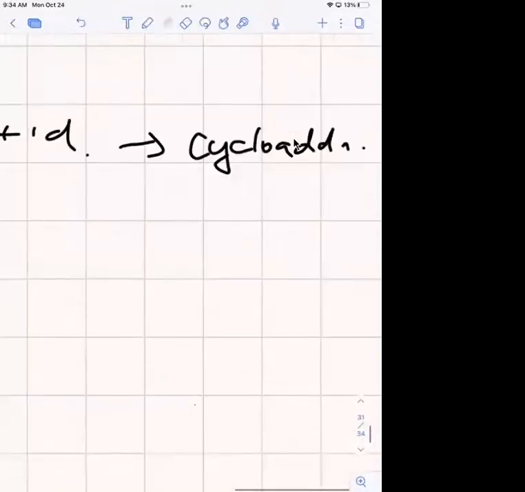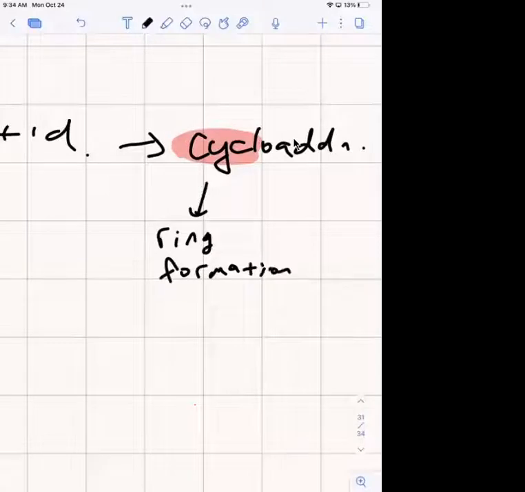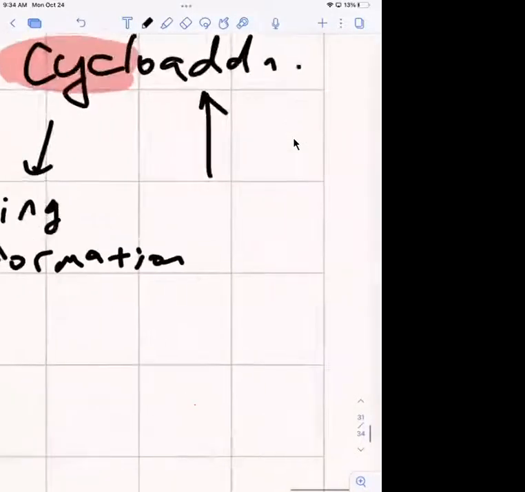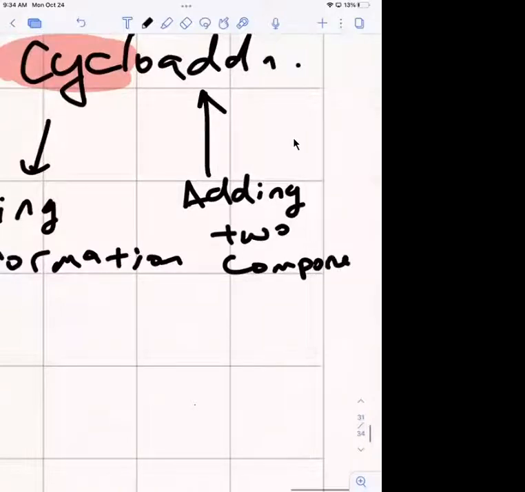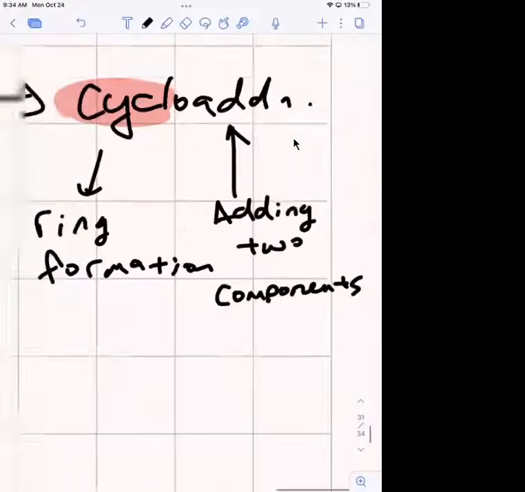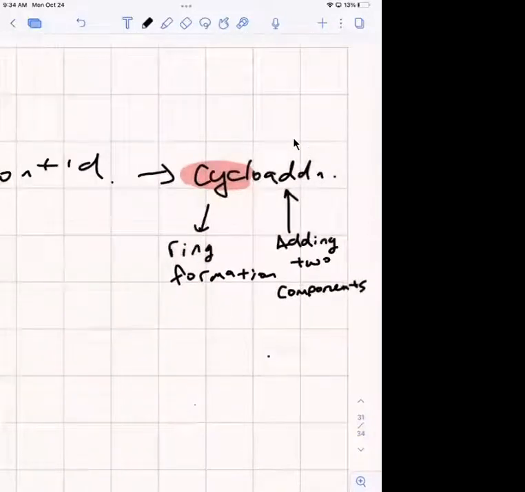The cyclo part means I'm making a ring, and the addition part is I'm adding two components. There are a lot of different types of cycloadditions.